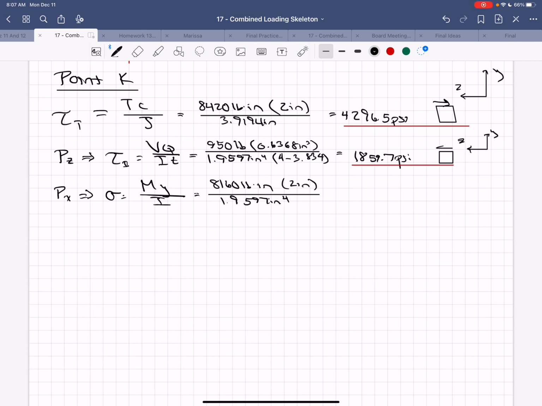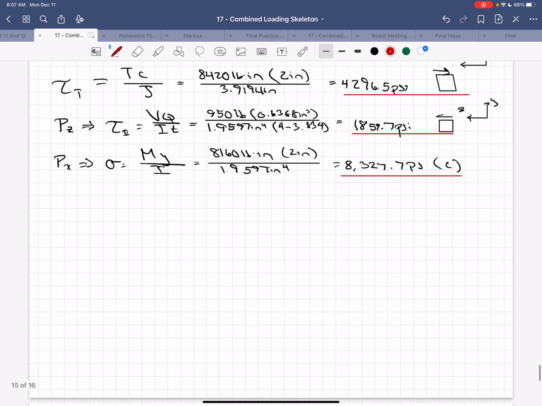We've looked a couple of times again and decided that that will be in compression. 8,327.7 psi in compression. So those are all the stresses on point K.